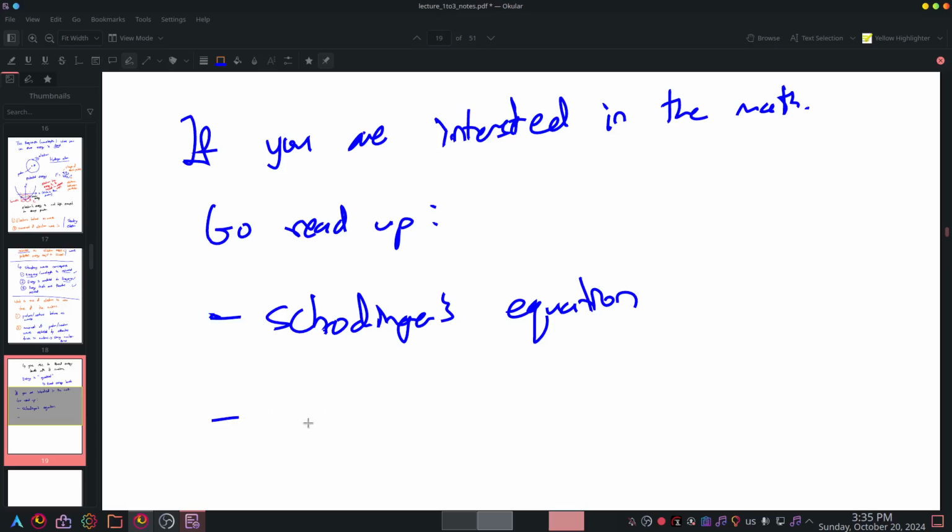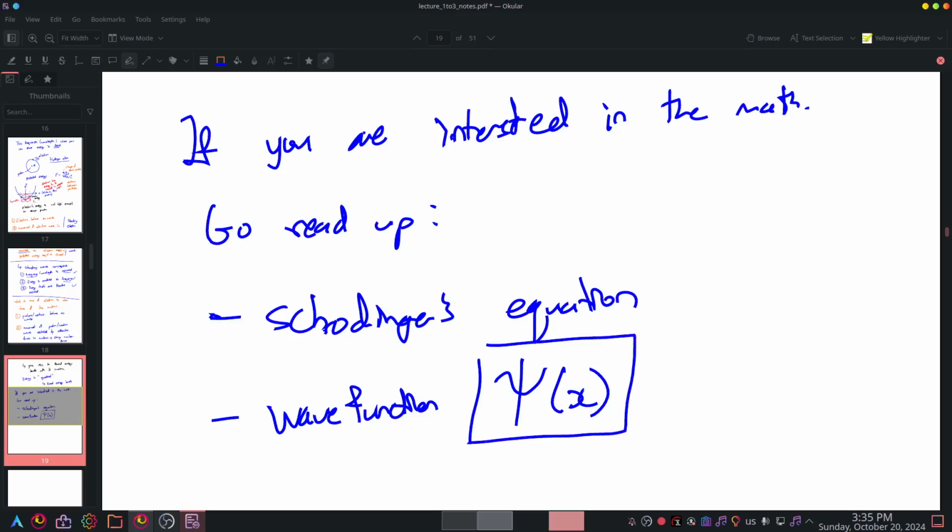And number two, you should read up on something related to Schrodinger's equation, called the wave function. This is what we call psi of x, and that is a mathematical way of describing the wave behavior of the proton, neutron, or electron. They call this the wave function.